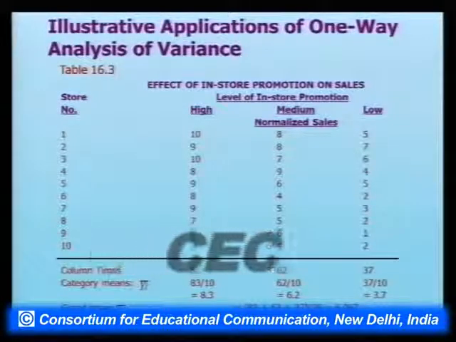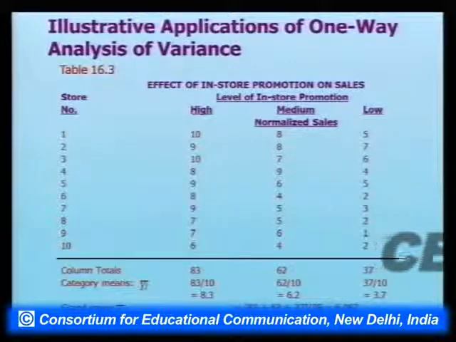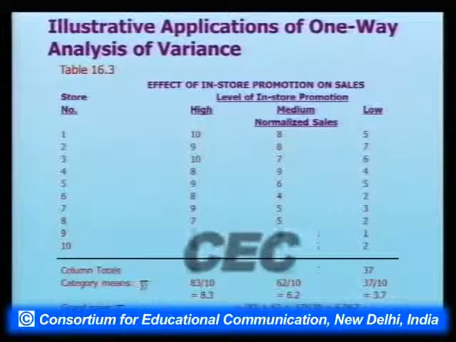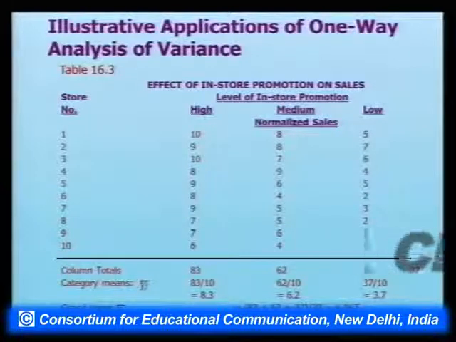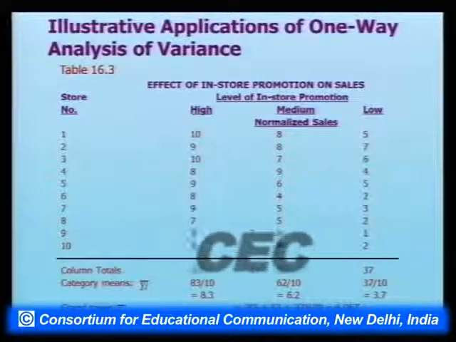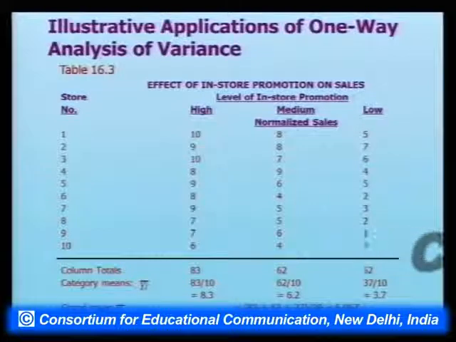Our hypothesis in this analysis of variance is that the means are equal. That is, can we consider 8.3, 6.2 and 3.7 to be equal, and then equal to the total mean, which is actually 6.067. So the hypothesis stated in this case is 8.3 equals 6.2 equals 3.7 equals 6.067.